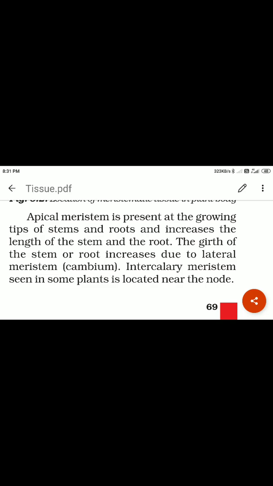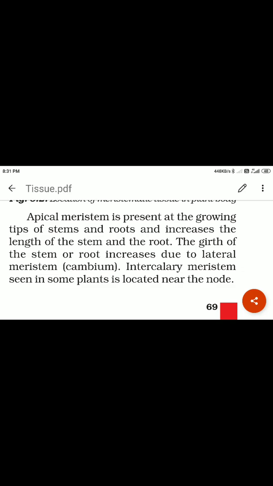What is the role of the apical meristem? It is present at the top of the plant and deep in the soil, situated in the root. The tip of the root and the top of the plant stem. It has the very important role of increasing the length of the stem and root.